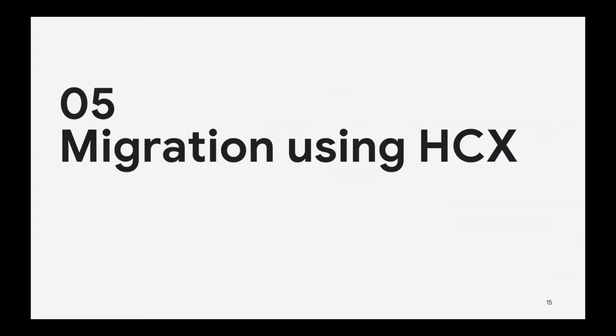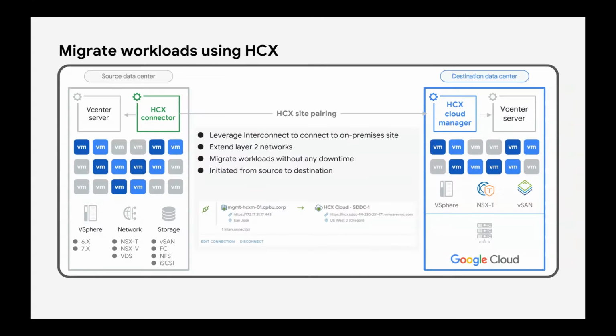Finally, let us talk about migrating workloads to Google Cloud VMware Engine using one of the inbuilt tools called VMware HCX. The VMware HCX license is included as part of Google Cloud VMware Engine. VMware HCX facilitates seamless migration and workload mobility between an on-premises environment and Google Cloud VMware Engine.